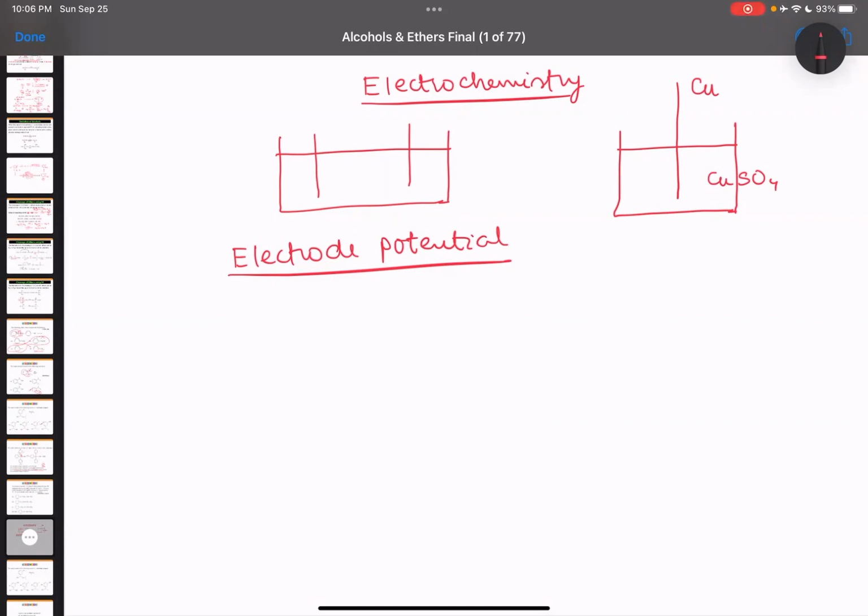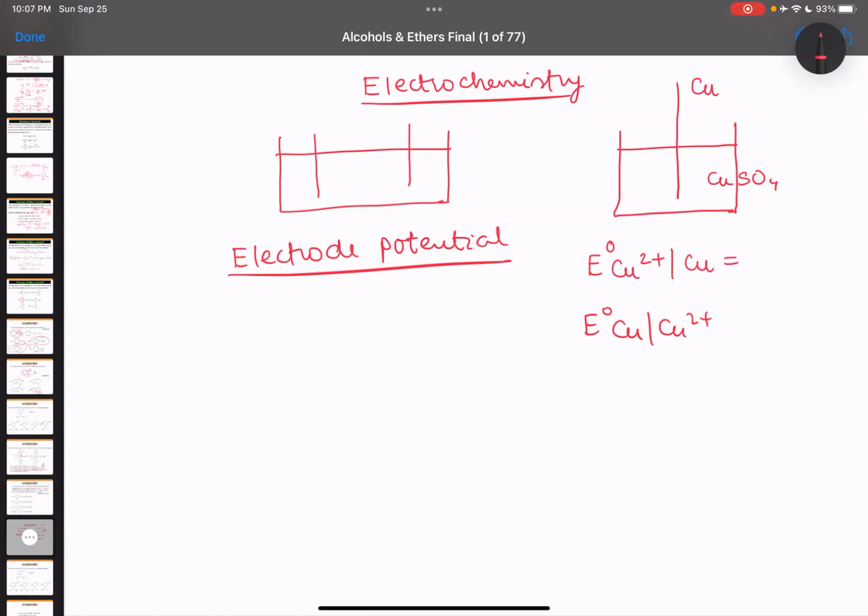What's the difference? In oxidation, there is removal of 2 electrons, and in reduction, addition of 2 electrons. Yeah, it is the measure of tendency, right? Cu2 plus. So which one is which representation? First one is reduction, and the second is oxidation.